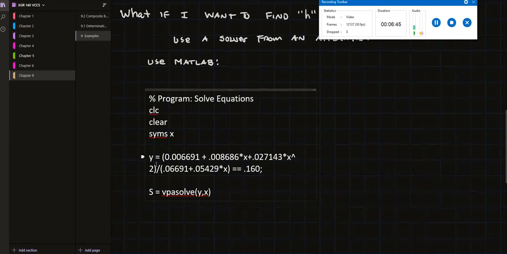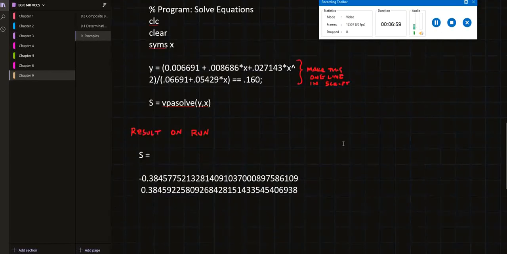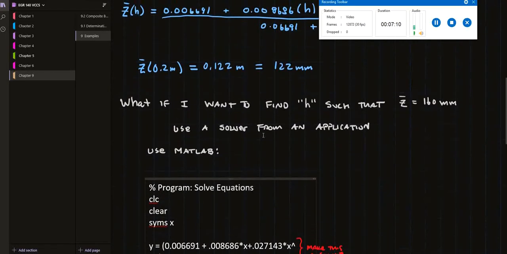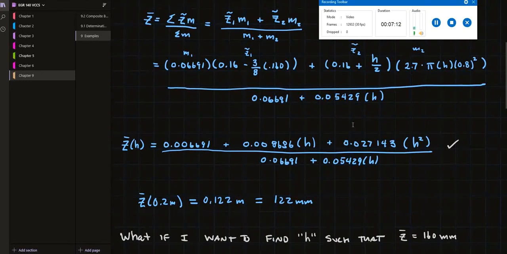You got to make sure that this is actually one line, not two lines like this. Okay, and then here's my result. So we get two answers. We get this guy and we get this guy. I'm just going to disregard this guy. And we should expect to get two answers because this is a quadratic equation.